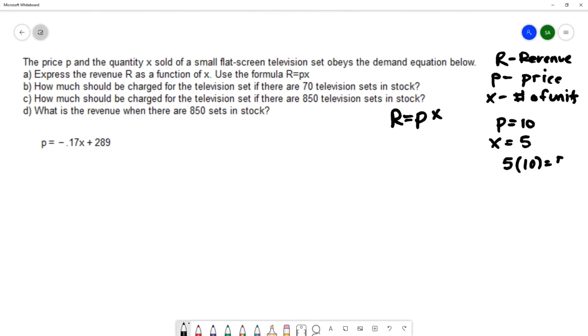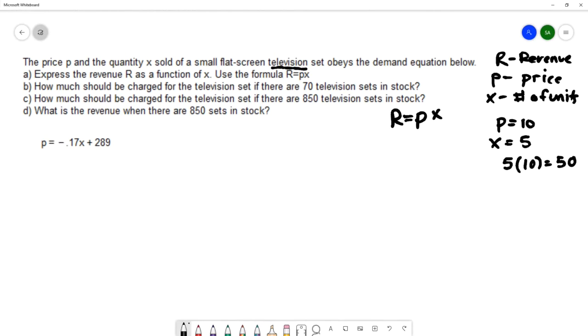That means that we're going to get $50. That is our revenue. That's how much money we bring in by selling this item. So this is a revenue formula. It's how much money you're going to bring in from selling something. In this example, we're selling televisions.